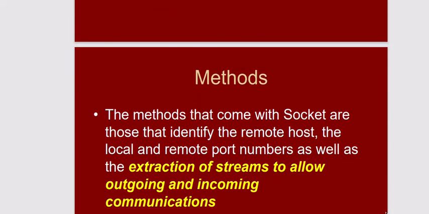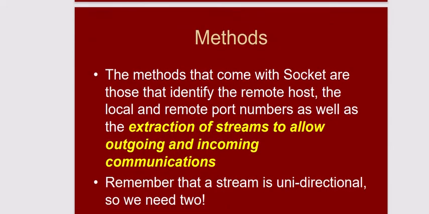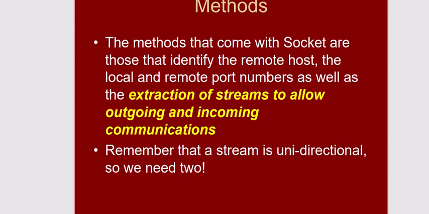The methods that come with a socket object, and actually defined in the class from which we've created it, are those that tell you, if you've forgotten, who the remote host is that you're attempting to connect to, and it also tells you the local port that you're communicating on, and also the remote port that you're communicating with, as well as, so this is the critical bit, it gives you methods to identify or extract two streams to allow outgoing and incoming communications.